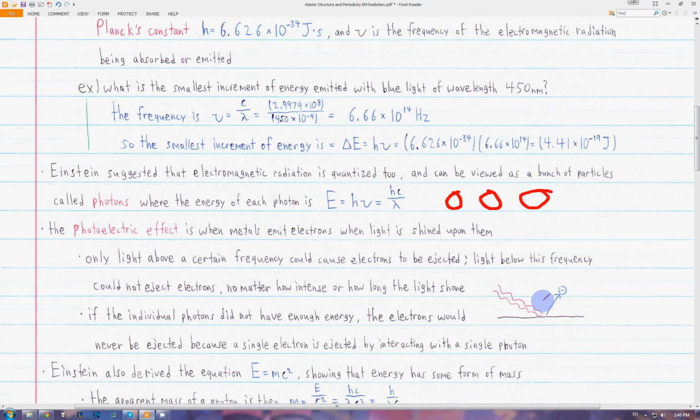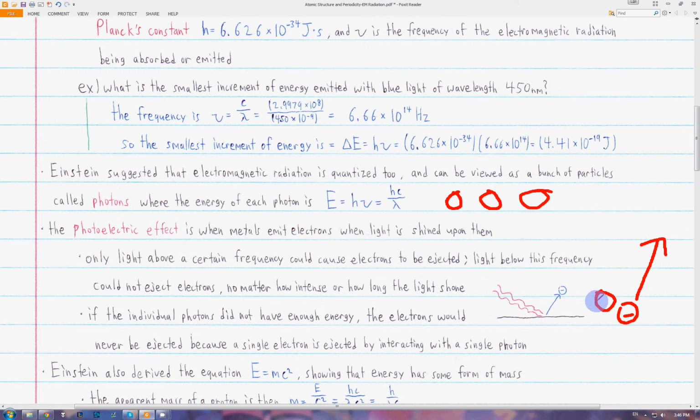So this led him to believe that electromagnetic radiation had to be quantized, because the electrons are ejected when a single photon interacts with it, and it transfers energy from the photon to the electron, which causes it to jump out.